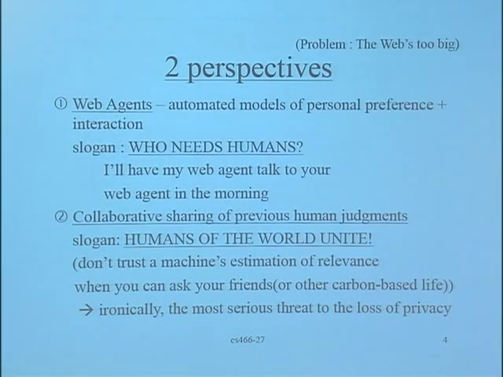So my last slide here is essentially a contrast between two potential views of the world, bringing into what I've discussed already. One view is this web agent view, which is essentially this notion that we have automated models of personal preference interaction. So these machines watch what we do, and they try to figure out what I want to buy, what I want to see, who I want to date, where I want to eat.